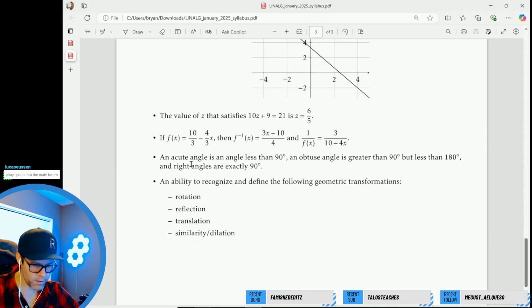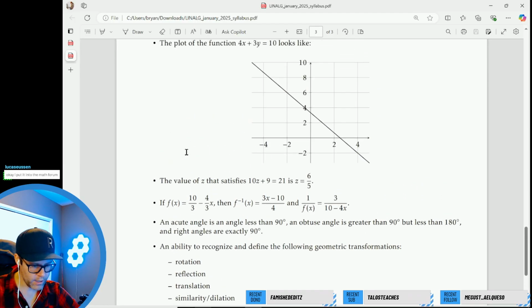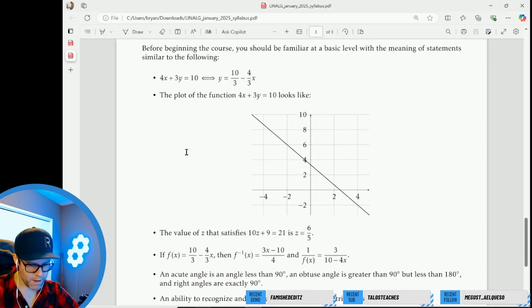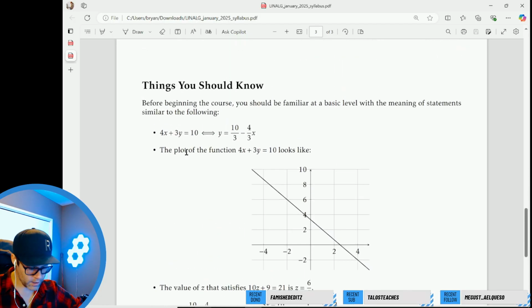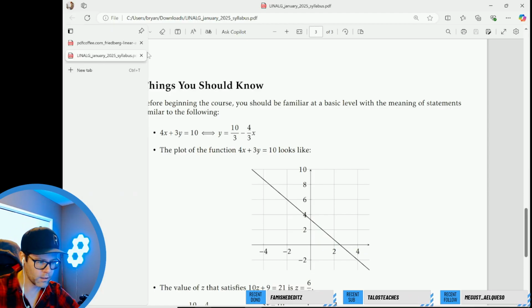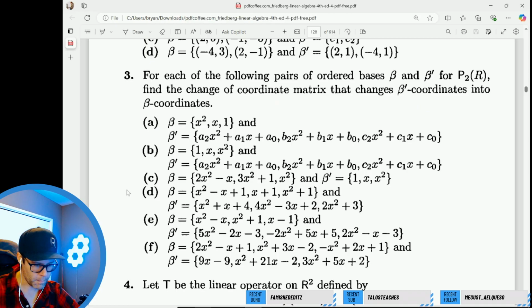And then Zach wants to do a lot of stuff geometrically. So he wants to make sure that you understand a little bit about your angles and a little bit about how rotations, reflections, and things like that work. So that's really it. It's a pretty bare foundation. We don't need a lot to be able to really access and start exploring linear transformations.